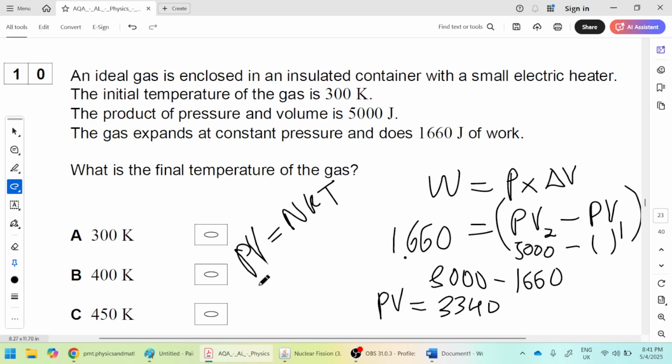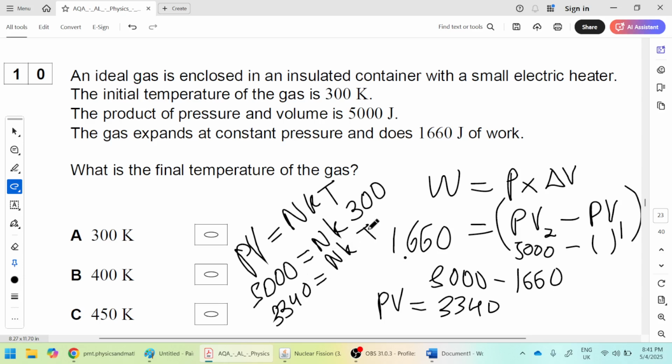So first time I'm going to write for the initial state of the gas, that's 5000 equals Nk into the 300, which was the temperature. Now 3340 equals Nk into new temperature.